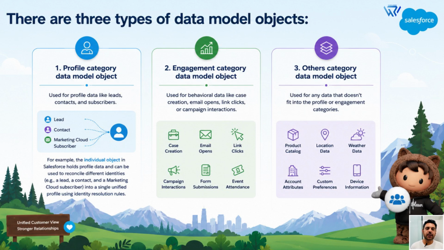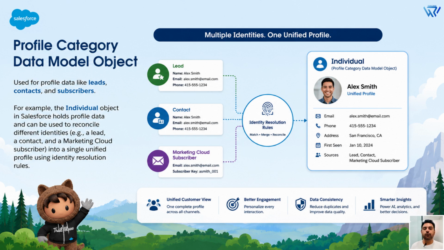The first kind of data model object is profile category data model object. The other kind is engagement category data model object. And the third kind is others category data model object. So suppose you are bringing a profile data of a customer. Suppose a customer exists in multiple platforms.